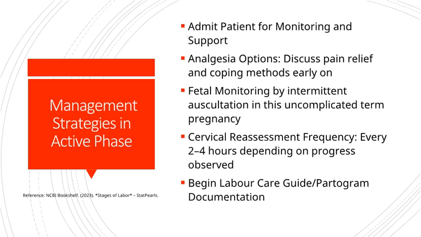Cervical dilation should be assessed every 2 to 4 hours, and sooner if indicated. The active stage of labor should progress approximately 0.5 centimeters per hour in a primigravida and 1 centimeter or more per hour in a parous patient. Pain management options and coping strategies should be discussed. Ambulation and position changes should be encouraged.